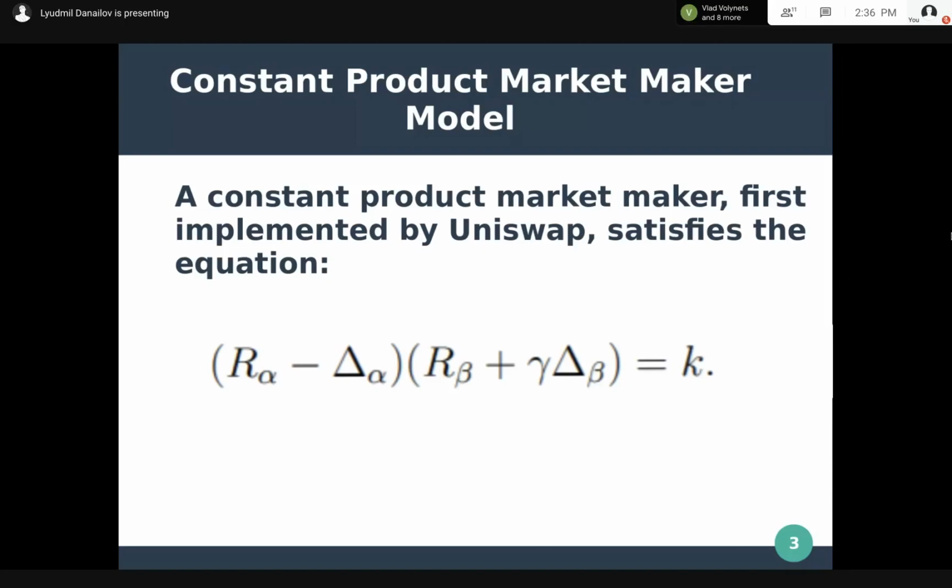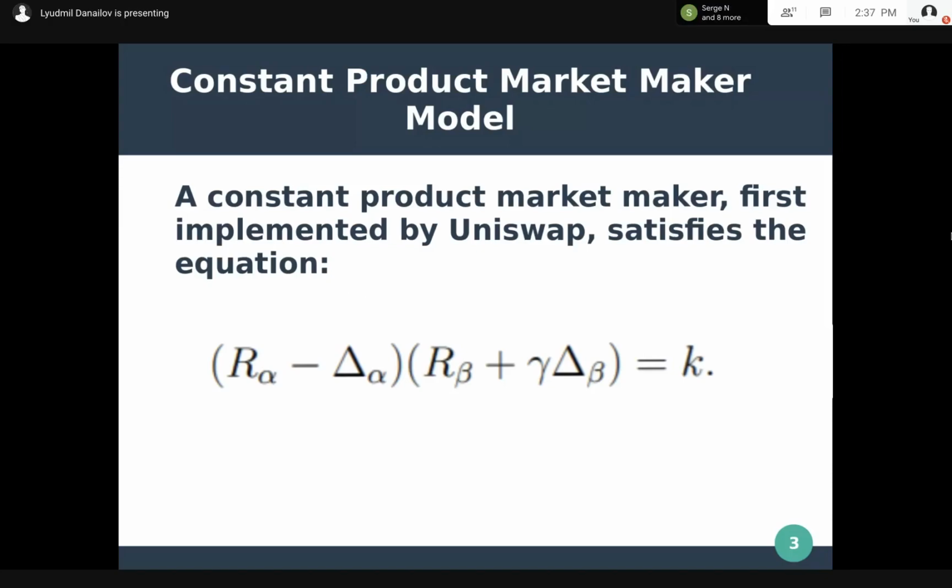They're the first to implement that, and it satisfies the equation that you see on the slide, where R alpha and R beta are the reserves of each asset, and gamma is the transaction fee. Trading any amount of either asset must change the reserves in such a way that when the fee is zero, the product R alpha times R beta remains equal to the constant K.